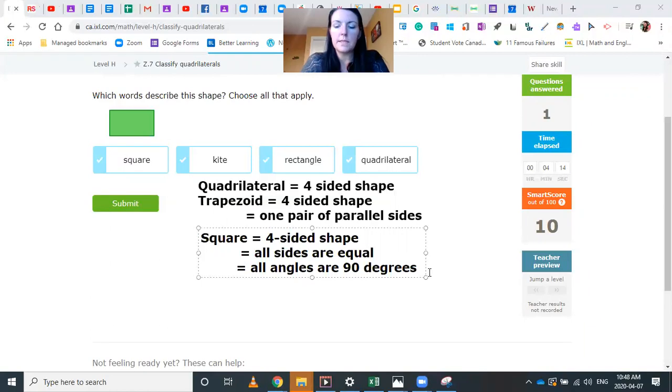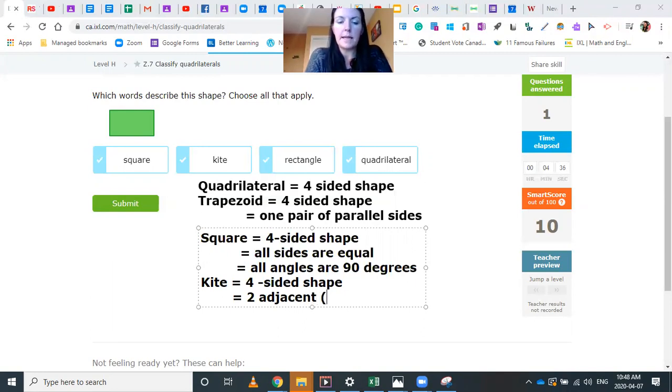Let's look at what is a kite. A kite, again, is a four-sided shape. In a kite, you will have two adjacent sides equal. You might come across this word most likely. Adjacent means next to each other or joining.